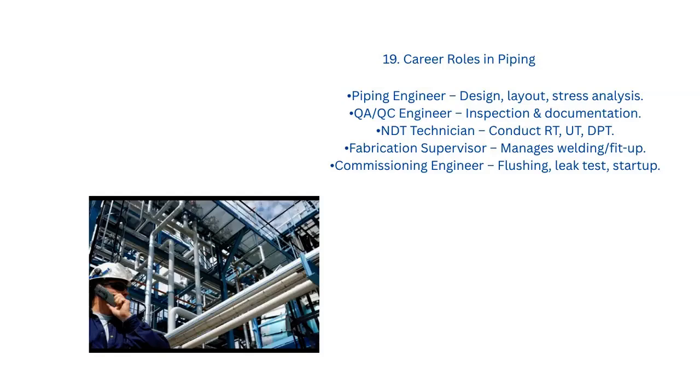NDT technician, performs non-destructive tests like RT, UT, and DPT. Fabrication supervisor, manages fit-up, welding, and fabrication on shop or site. Commissioning engineer, handles system flushing, leak testing, and startup activities.